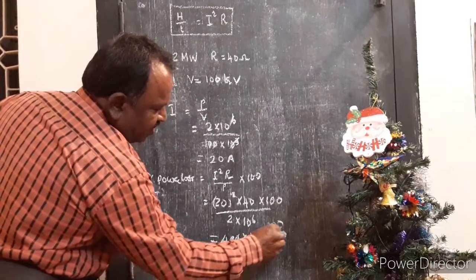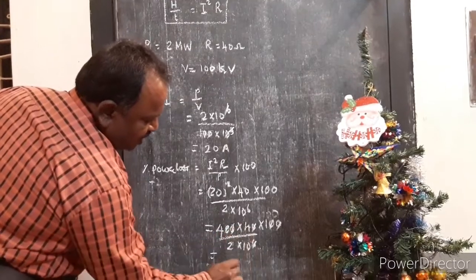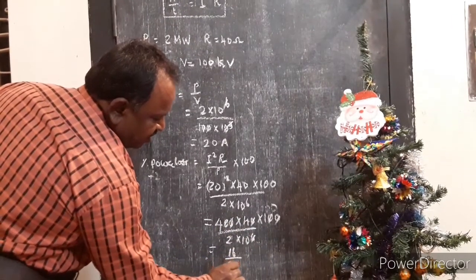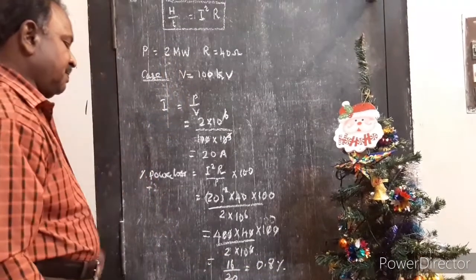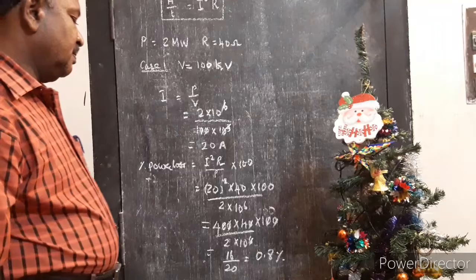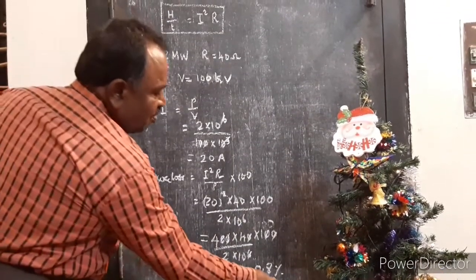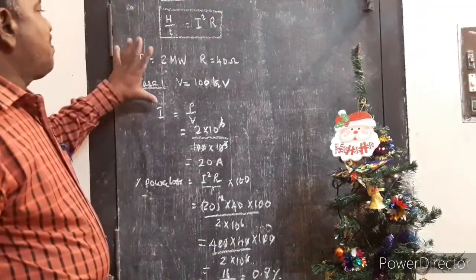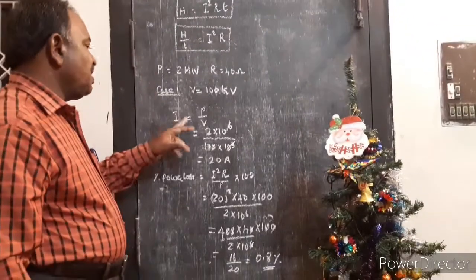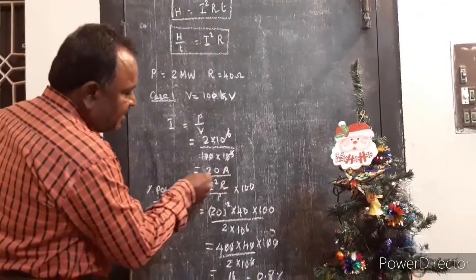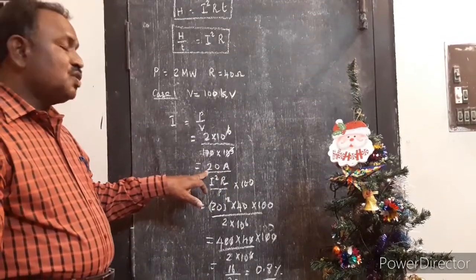So you have 4 fours are 16 by 20, that is equal to 0.8%. So only 0.8% of power is wasted in the transmission line when we reduce the current. In the initial case, current is 200 ampere. Now the current is 20 ampere.